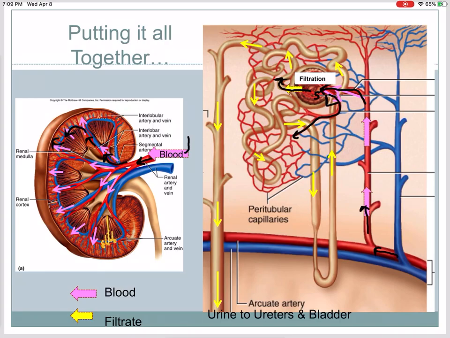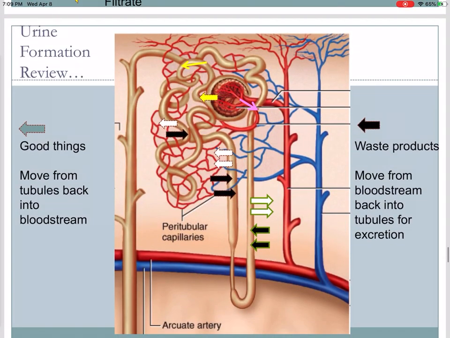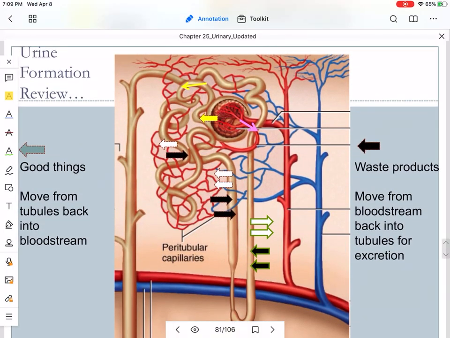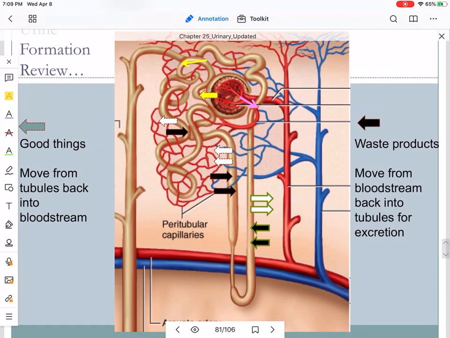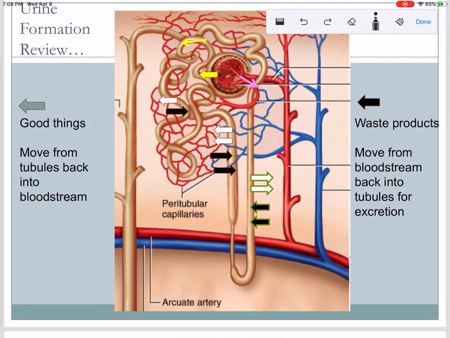All right? Okay. Then, step 2, we have tubular secretion and tubular reabsorption. Now we have small products in the tubules and large products in the bloodstream.